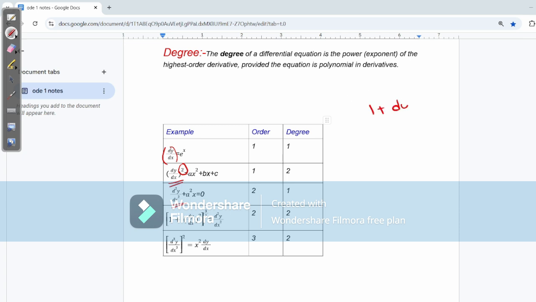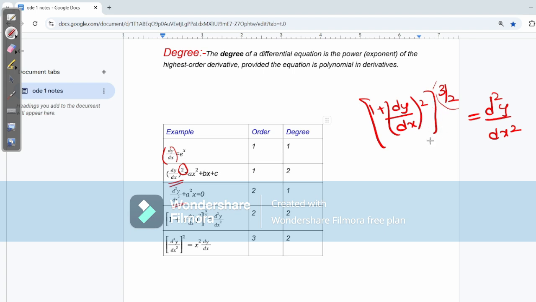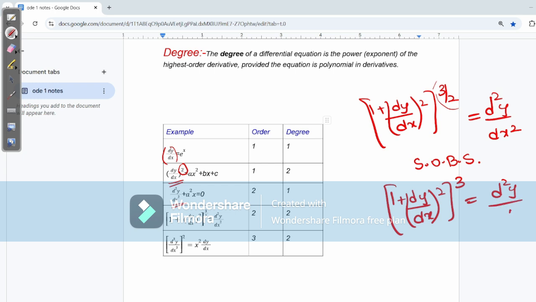1 plus dy by dx whole square, whole power 3 by 2, is equal to d square y by dx square. Now the power should not come in root form; the power should come in integer form, so we have to square both sides. Now 1 plus dy by dx whole square, whole cube, is equal to d square y by dx square whole square.